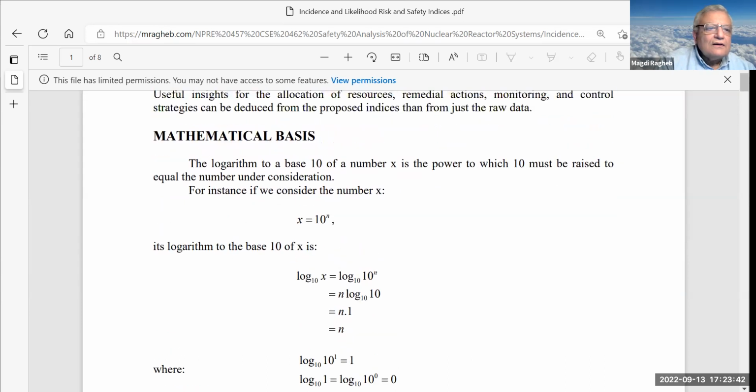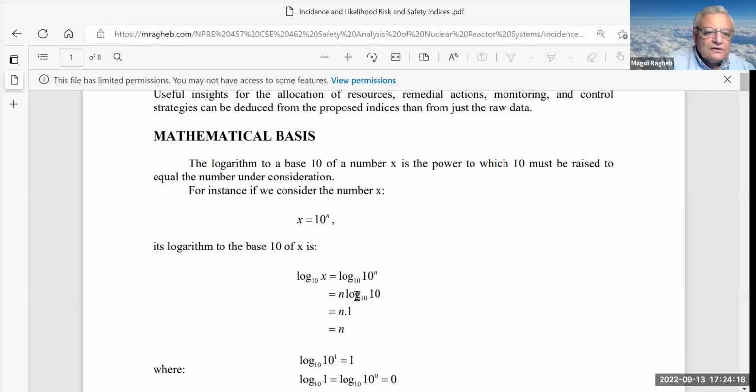So the mathematical basis has to do with the logarithm to the base 10. The logarithm to the base 10 of a number x is the power to which 10 must be raised to equal the number under consideration. So if you have a number x equal to 10 to the power of n, and you take its logarithm to the base 10, that's the log of 10 to the nth power, which is the same as n.